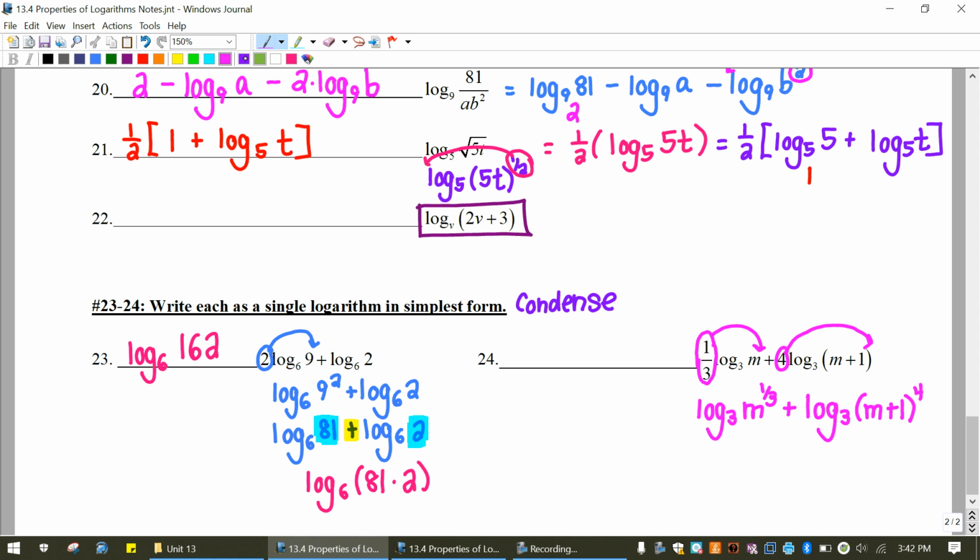It means that you're going to write these as log of a product. So that's log base 3 of m to the 1/3 power times m plus 1 to the 4th. I know that looks a little weird, but let me put a bracket around this so that it's very specifically shown that you're taking the log base 3 of that product.